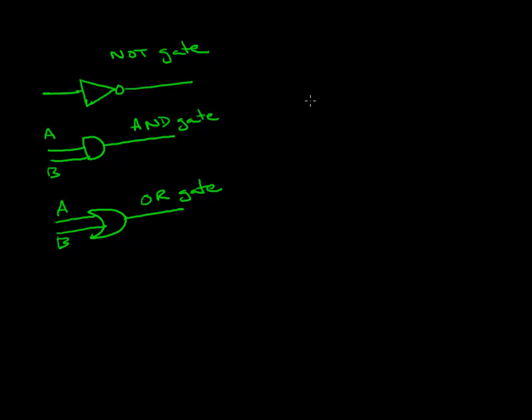Let's have an input of A and an input of B. And these two inputs are going to lead to an AND gate. And then from this gate, we're going to lead to a NOT gate, like that.